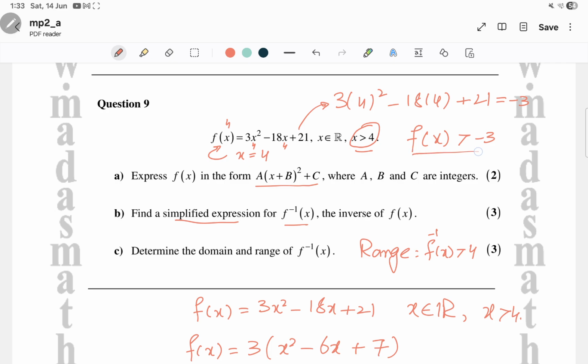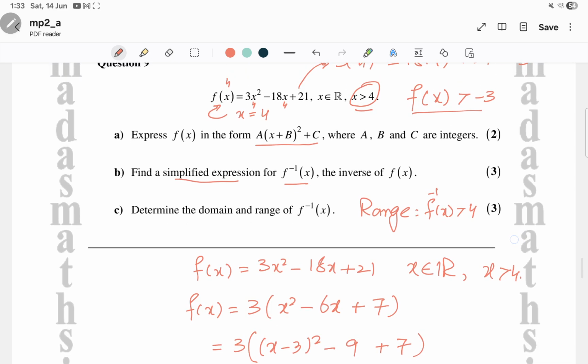Since the range of f of x is greater than minus 3, the domain of f inverse of x is x greater than minus 3.